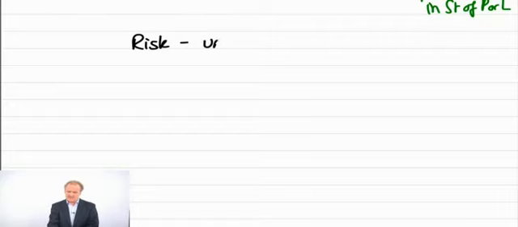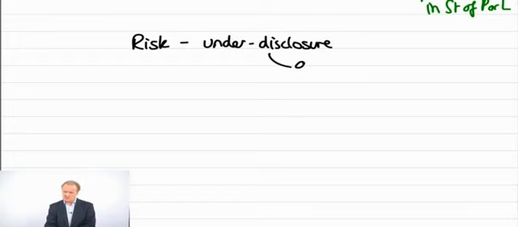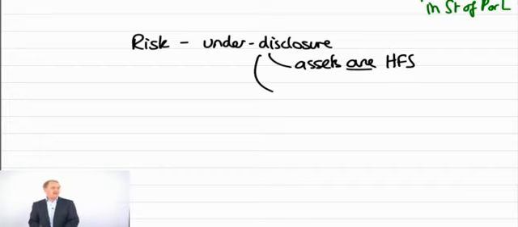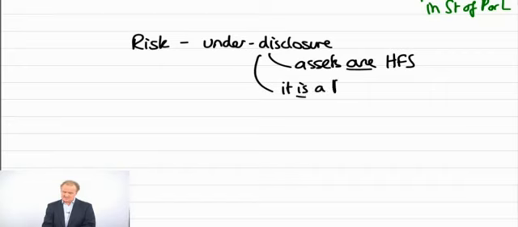The risk is under disclosure, because the assets are held for sale, and also it's looking like a discontinued operation, isn't it? Because it's clearly separate, clearly material, and on that basis it is a discontinued operation because it's held for sale at the year end.